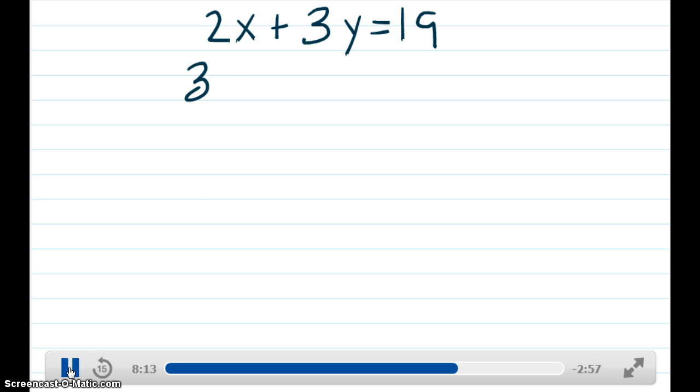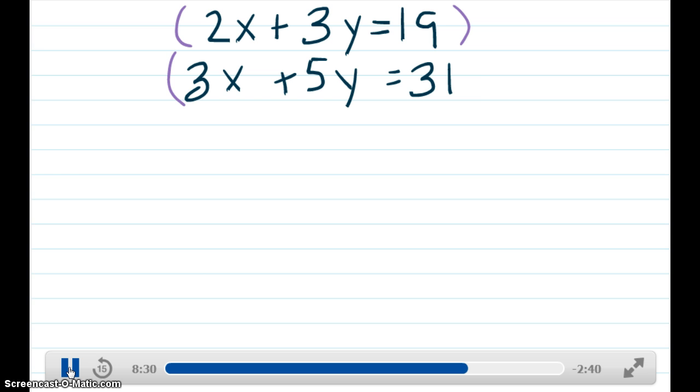And we have our 3x plus 5y equals 31. So we see that we don't have any numbers that are the same, and we actually don't have any one equation that we can multiply.